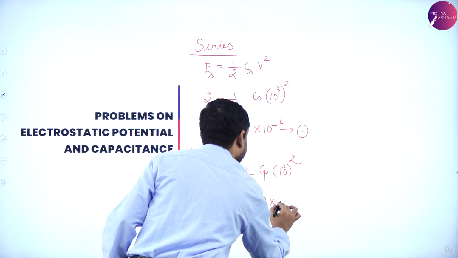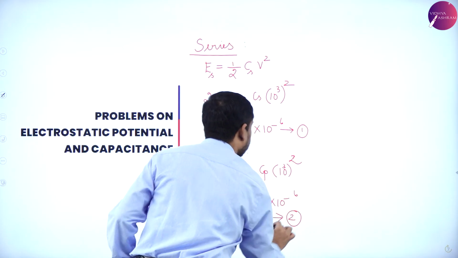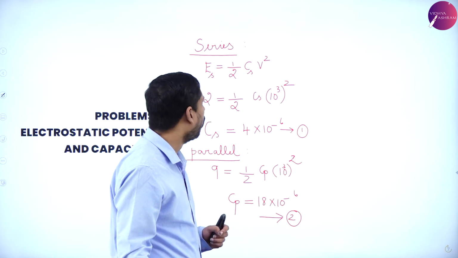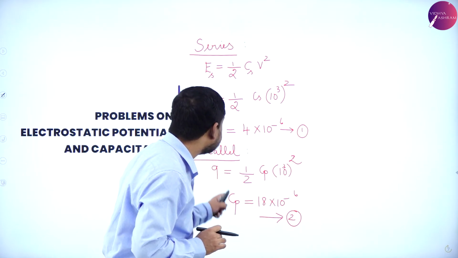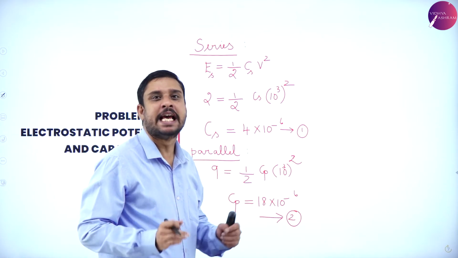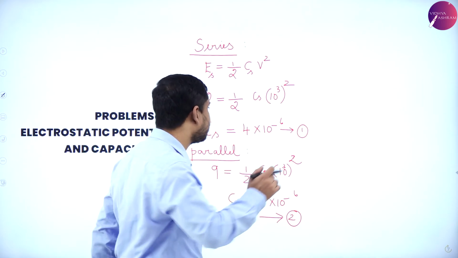So Cp is 18 into 10 power minus 6. Now it is very simple from here. Since I know the values of Cs and Cp, I can frame two simultaneous equations and arrive at the answer.